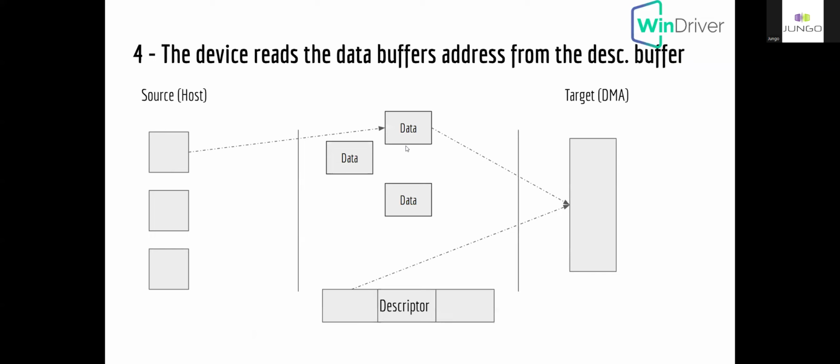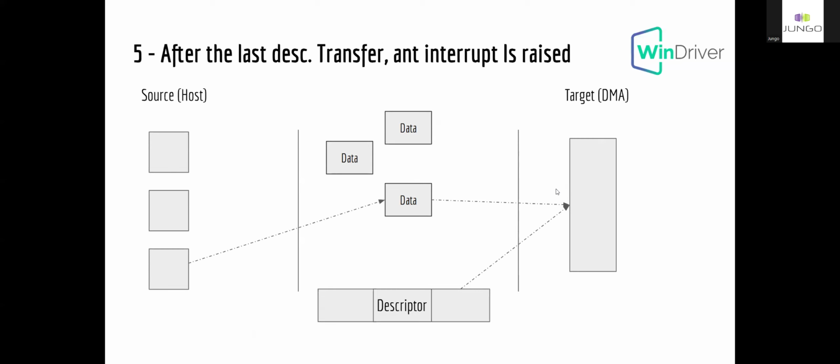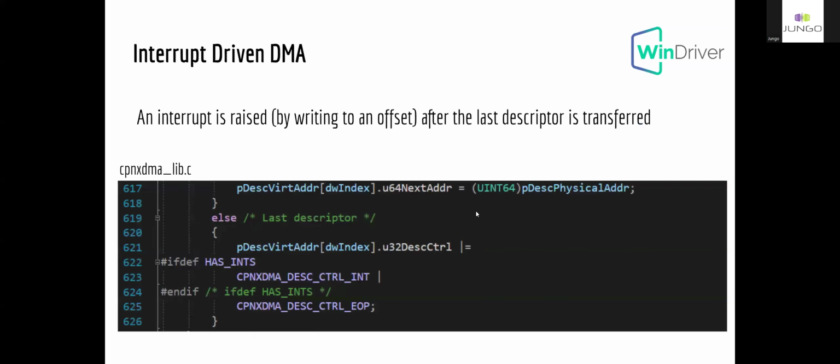Once the DMA is initiated, again, it is initiated from the FPGA. We start moving until we get all the data moved to the DMA or FPGA device. In this case, in the Certus Pro NX, as you can see here, when the last descriptor is transferred, an interrupt is raised.